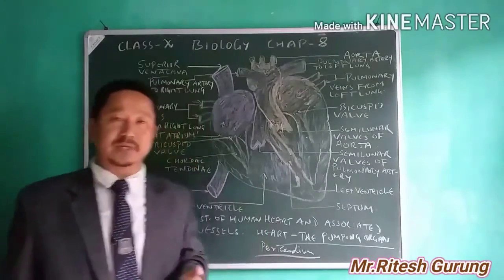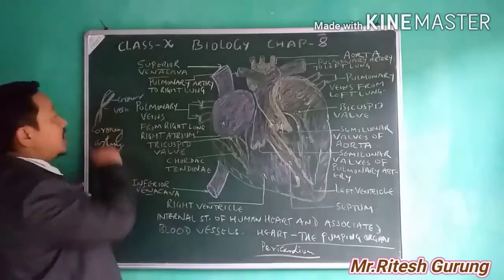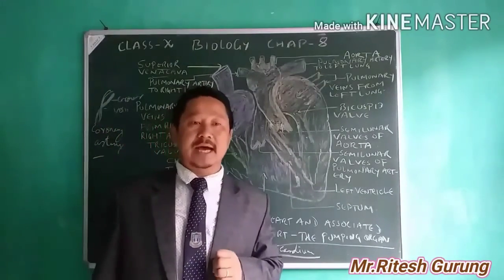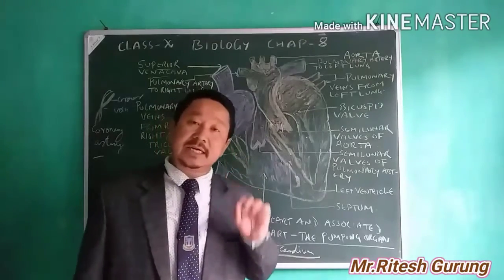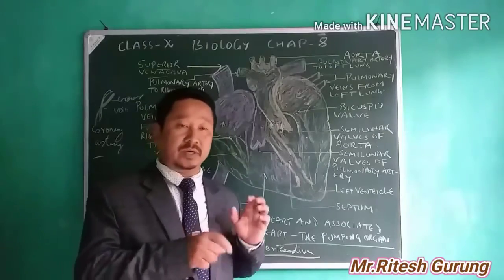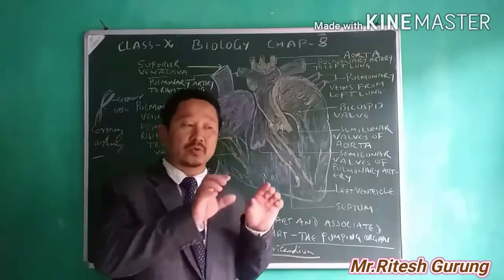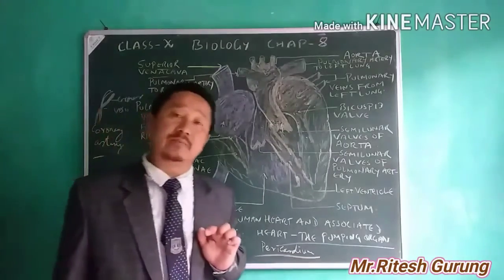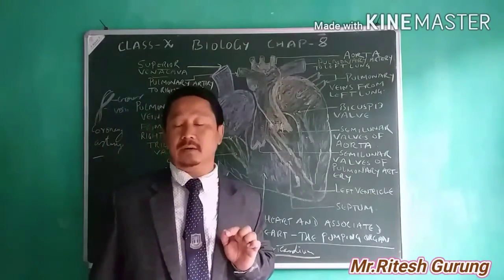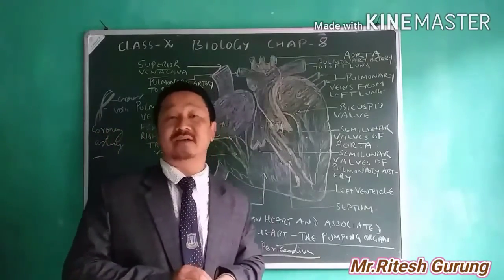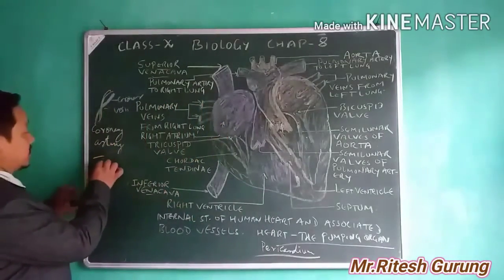Sometimes this coronary artery gets blocked. That leads to deadening of the corresponding area of the heart, which is called myocardial infarction.